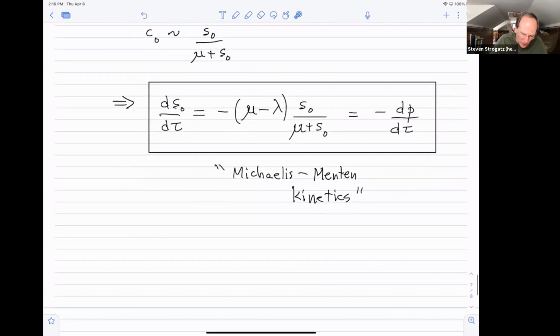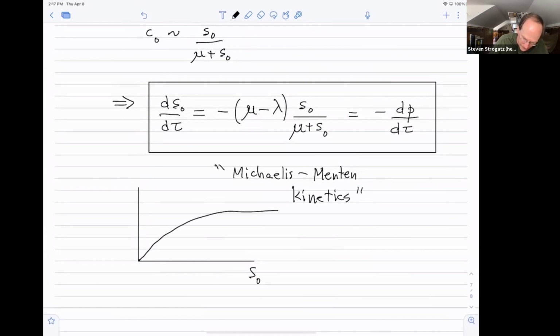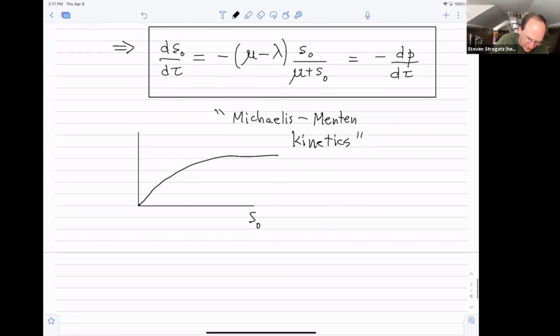That has a shape qualitatively like this. If I draw S0 over mu plus S0, it's something that looks like this.